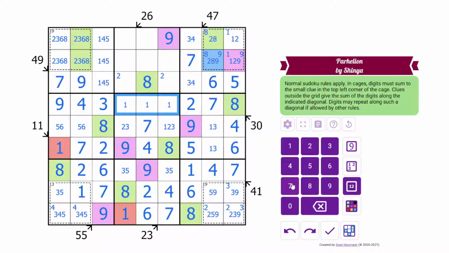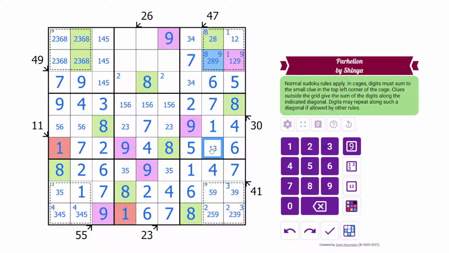So it's 1, 2, 3, 4, 5, 6, 7, 8, 9. It's going to be a 1, 5, 6. Because of that, this can't be a 1. Which means this has to be a 1, because it's the only place it will go. And that adds up correctly.